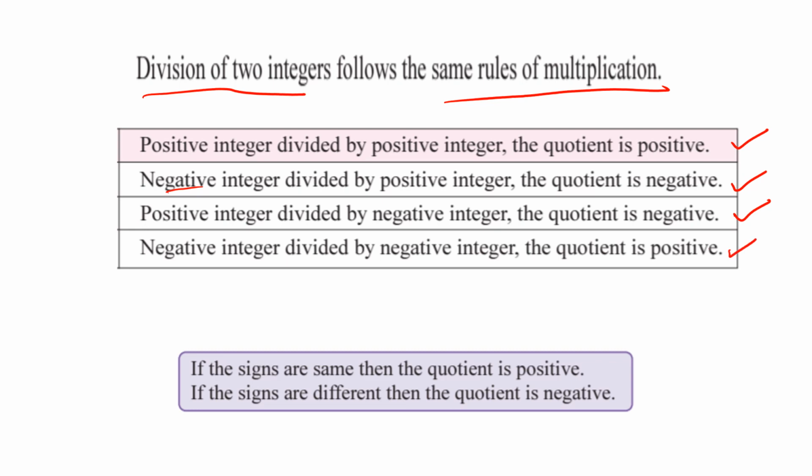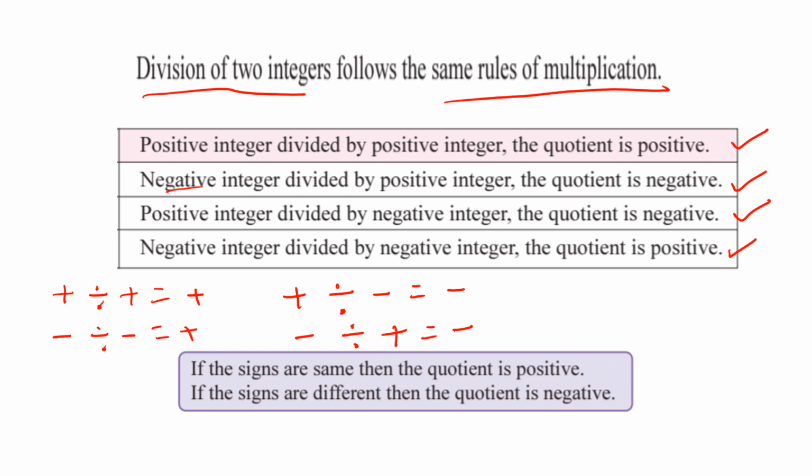Let us see that again. Positive divided by positive should be positive. Negative divided by negative should be positive. Positive divided by negative should be negative. Negative divided by positive is also negative.